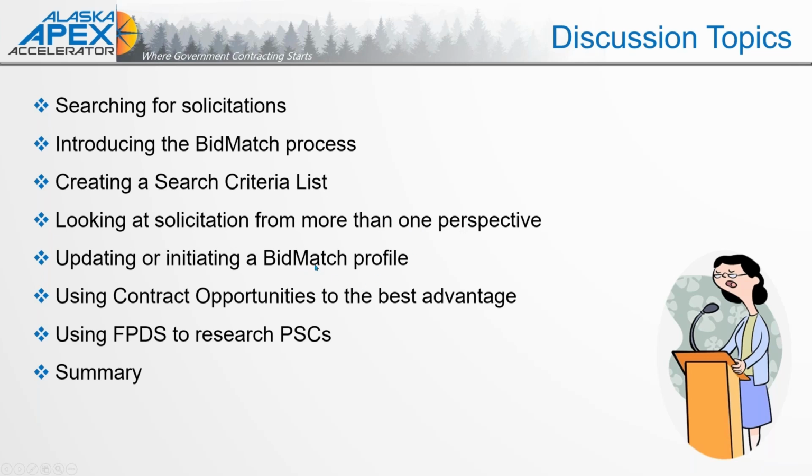We're going to talk about updating or initiating a profile, using contract opportunities to the best advantage, using the federal procurement data system to find those PSC, those product supply codes or product service codes, and then, of course, summarize it all. So just in case you missed it at the beginning, we're going to be doing a lot of live examples playing in contract opportunities and FPDS.